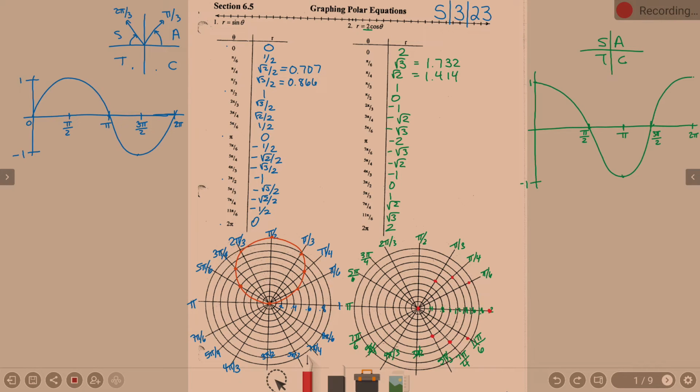Got it. 4 pi over 3, negative 1. Got it. 3 pi over 2 and 0. Already got it. 5 pi over 3 and 1. 7 pi over 4 and 1.4. 11 pi over 6 and 1.7. 2 pi and 2. So essentially, again, we did another circle.